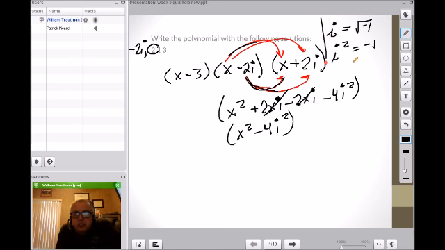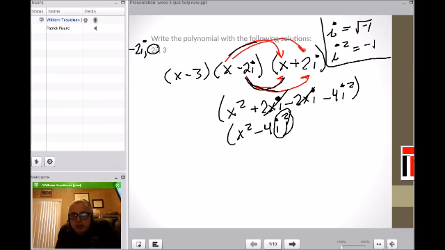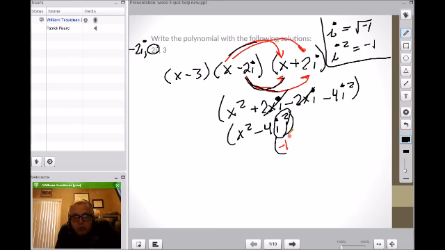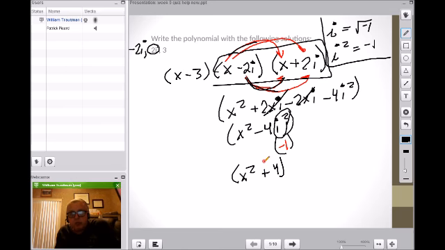These are 2 things we just had to remember. So this i squared, we're going to change to negative 1. So this really is 4 times negative 1. Negative 4 times a negative 1 is a positive 4. So we multiplied both of these together, and we got x squared plus 4.